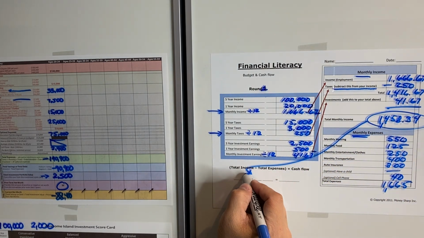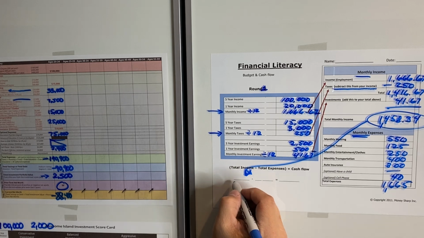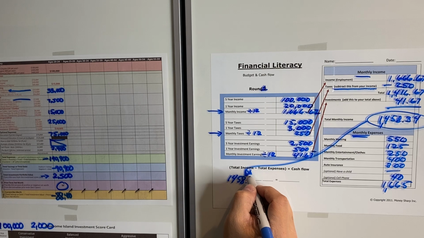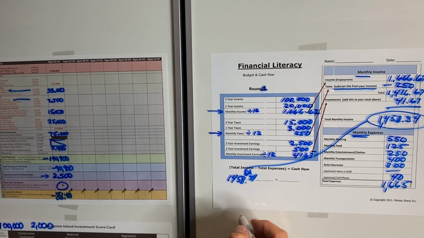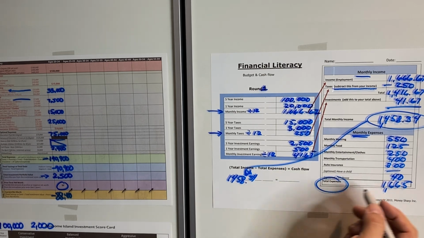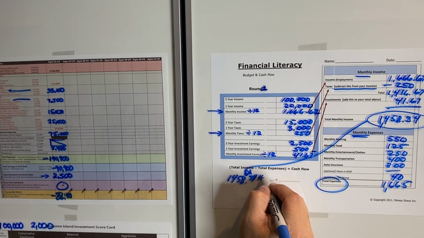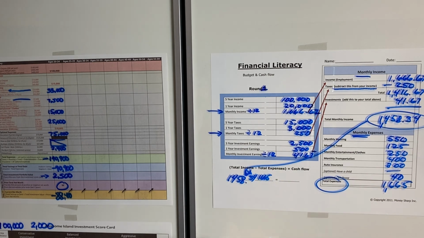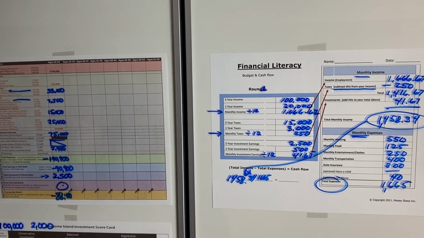So now our total monthly income is going to come down here. And that number is $1,458.34. We're going to subtract our total expenses, which is $1,665. And that's going to give us a cash flow. Let me grab my calculator.